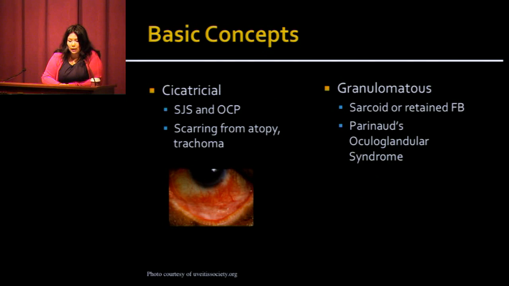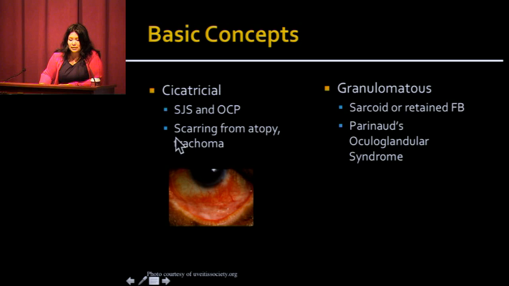Okay, so a lot of times membranes can cause a lot of scarring as well under the conjunctiva, and it leads to cicatricial changes. So that's another way to describe what kind of conjunctivitis you have. And you see this a lot in Stevens-Johnson's, inflammatory conditions, and pemphigoid. And usually you see this inferior shortening of the fornix. You get some symblepharon formation. You can also get scarring from even atopic disease and trachoma.